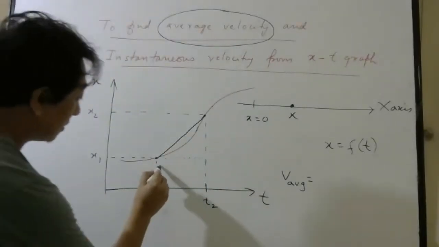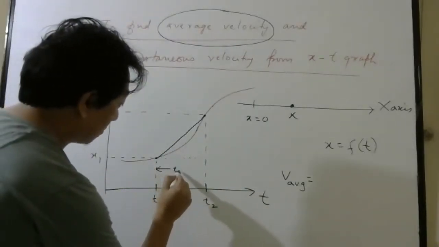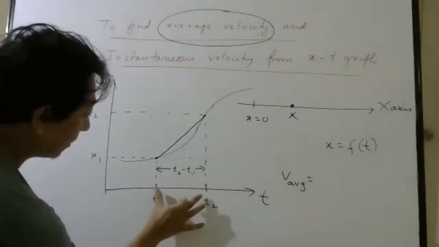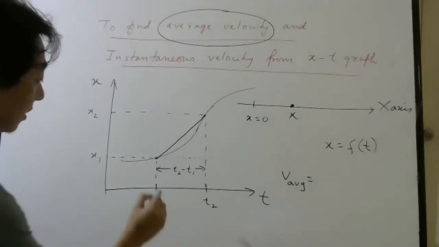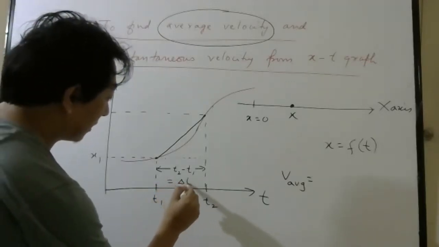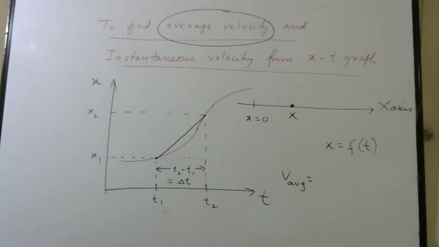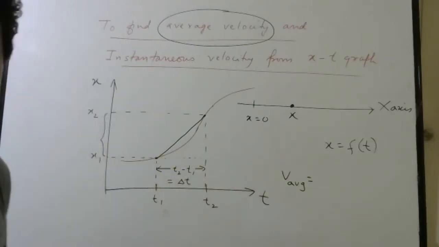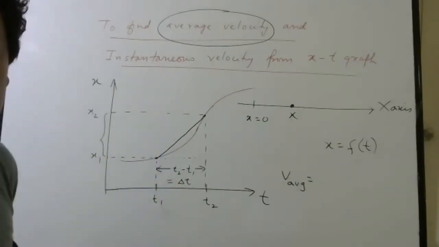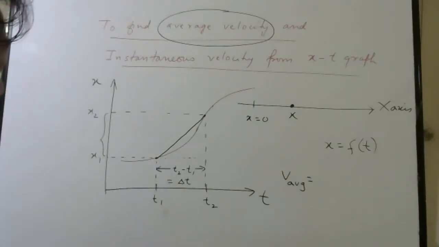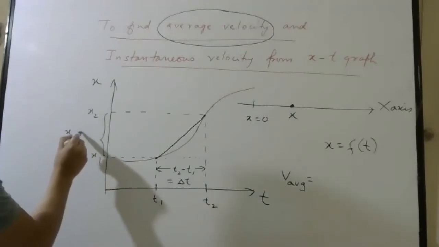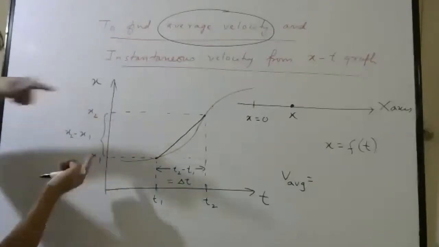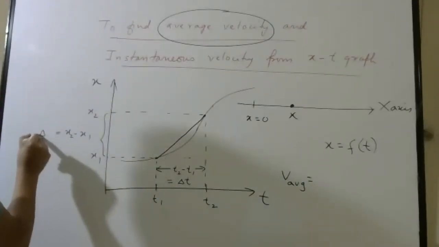Now look here, this interval is T2 minus T1, that we can write as delta T. And this gap will be how much? Delta X, which will be X2 minus X1, right? This x2 minus this x1 gives you this, and that we write as delta x.